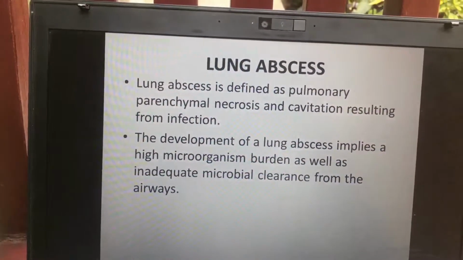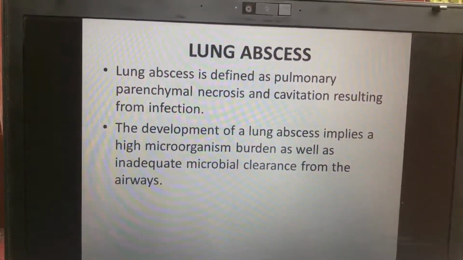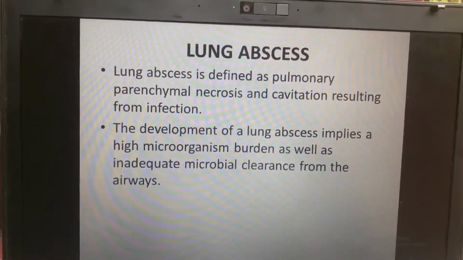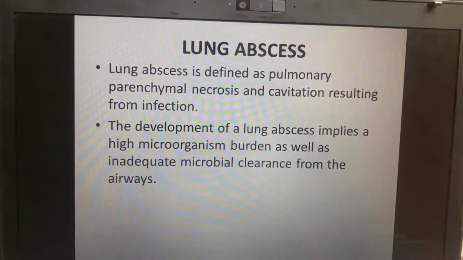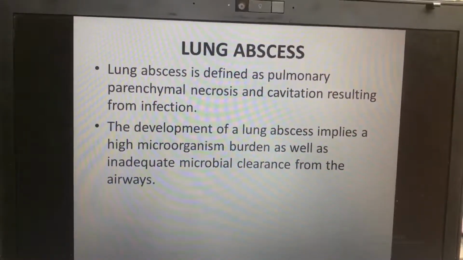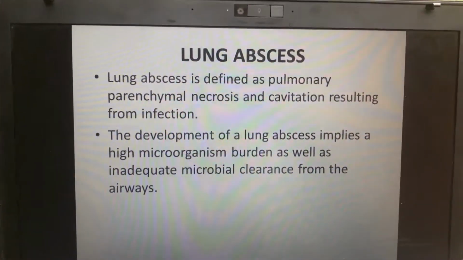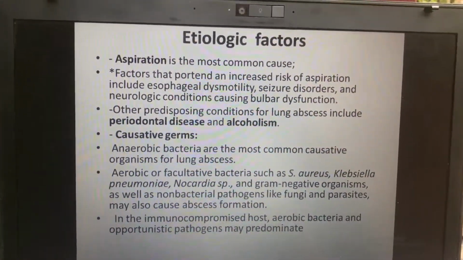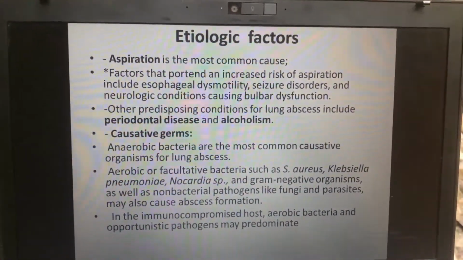Lung abscess. Lung abscess is defined as pulmonary parenchymal necrosis and cavitation resulting from infection. The development of a lung abscess implies a high microorganism burden as well as inadequate microbial clearance from the airways. What are the etiologic factors of abscess?